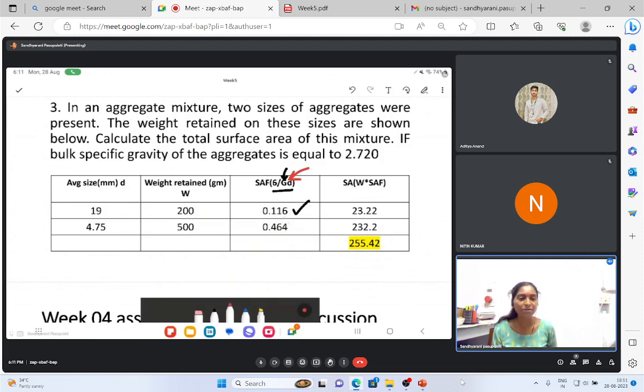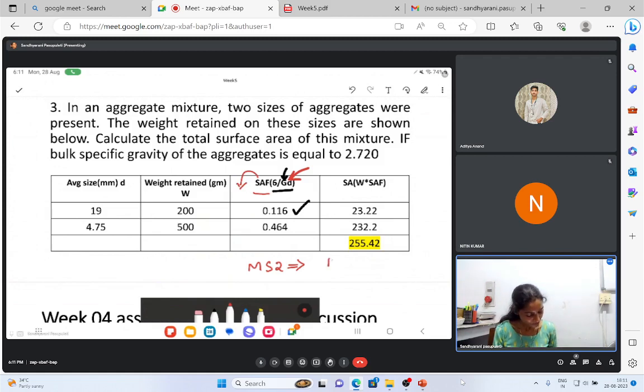If you remember the default tables of surface area factor, there was a table in MS2, a code book used to understand asphalt mixture characteristics. This MS2 version had a default table for surface area factors, where average sizes were taken.